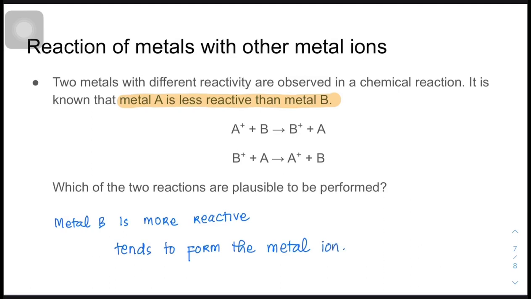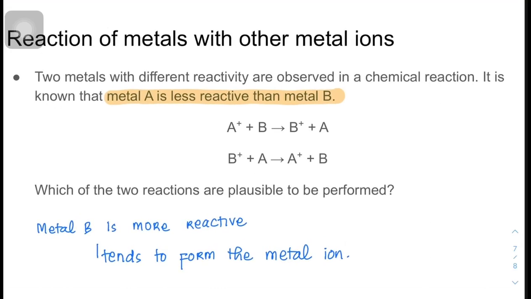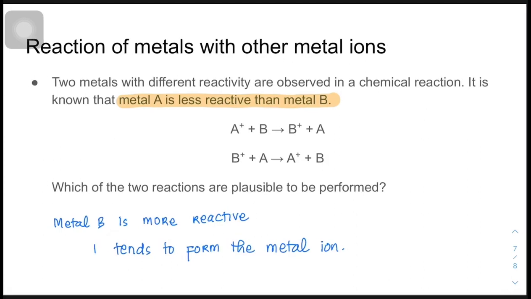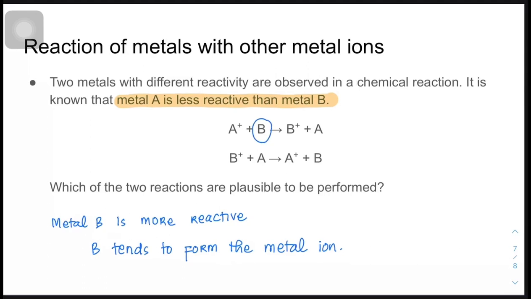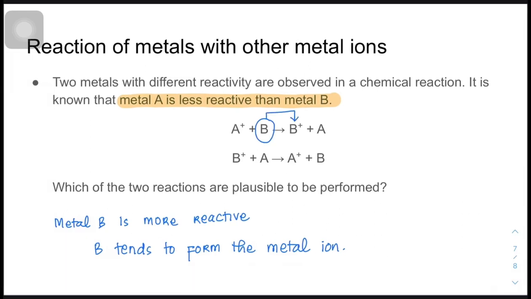So the metal B ion should be produced. When we have metal B, it tends to form the metal ion. So the reaction goes to the right.